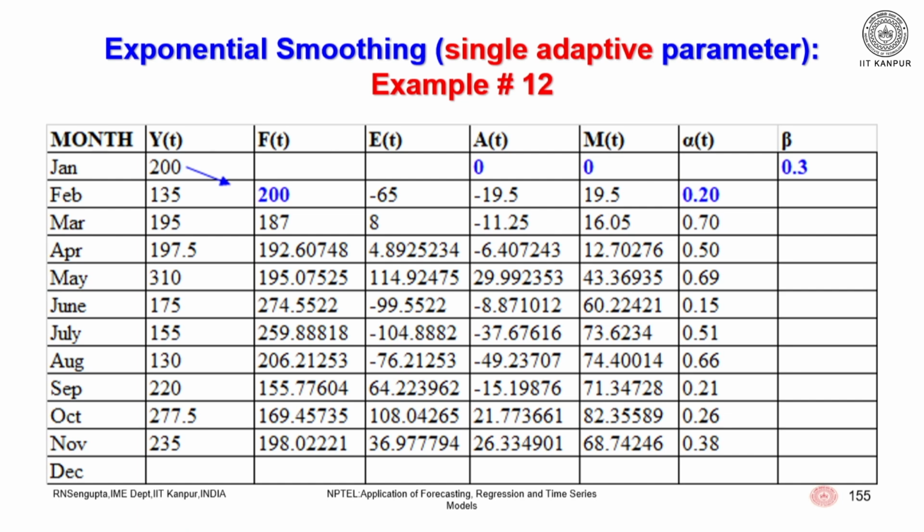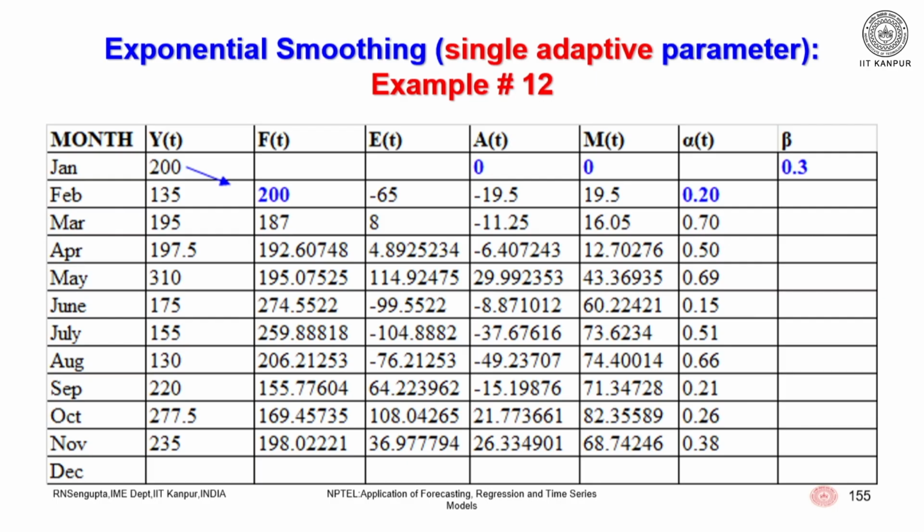Alpha T is the parameter which will change, which is why the model is named the adaptive single parameter model, and beta is the weight which you give when you want to find out AT and MT. Now, as per the norm, again repeating, F2, which is for February, would be considered as Y1. That means Y1 is the best predictor for F2, and with this I will go back to the slide and the Excel sheet one after the other.